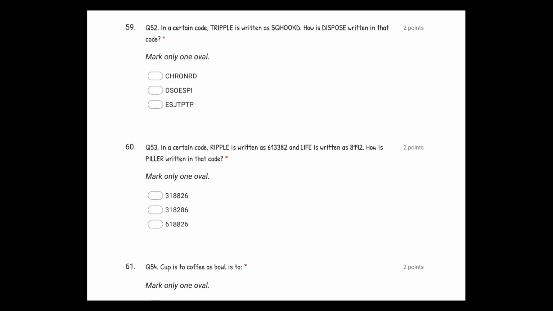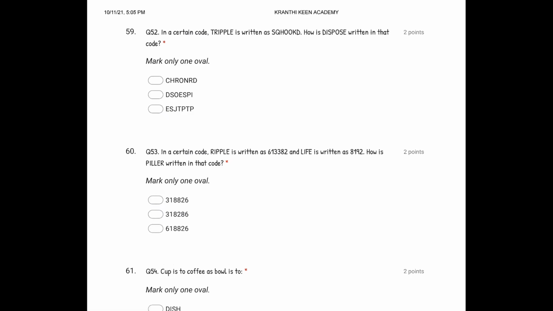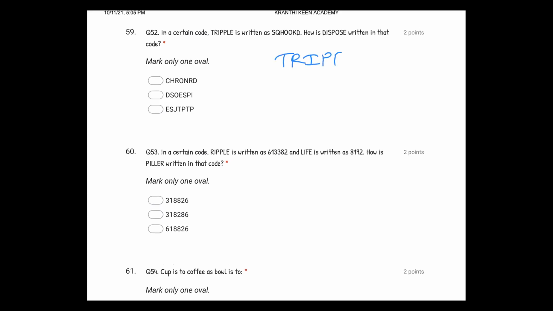Next, reasoning. In a certain code, triple is written as SQHOOKD. Then how do we write dispose? Here you have to find the pattern: PQRST, means each letter goes minus 1.